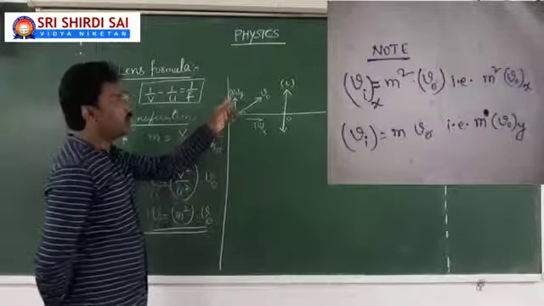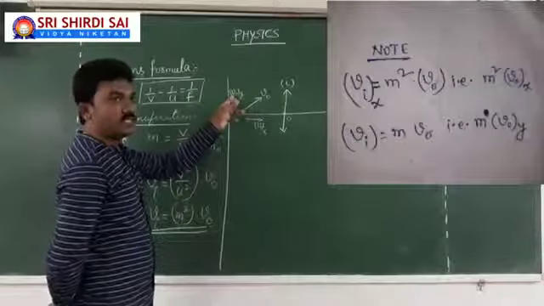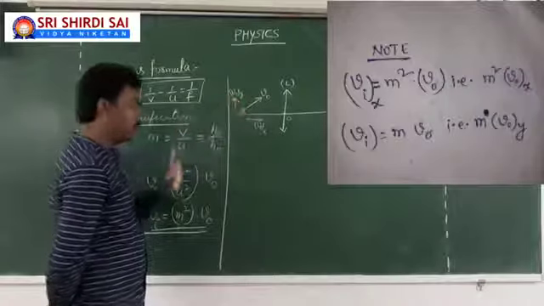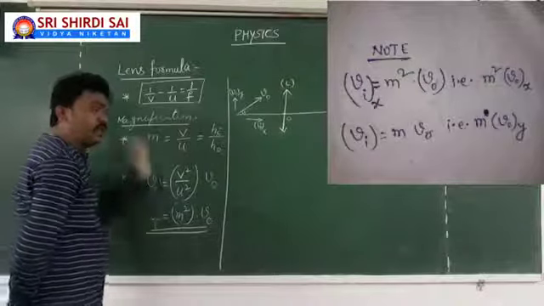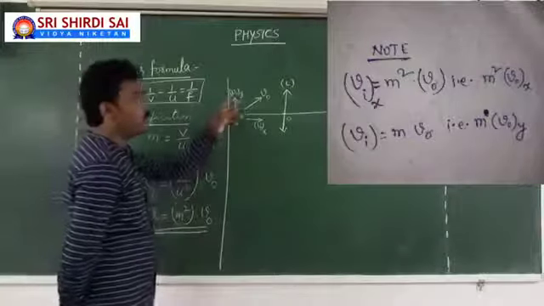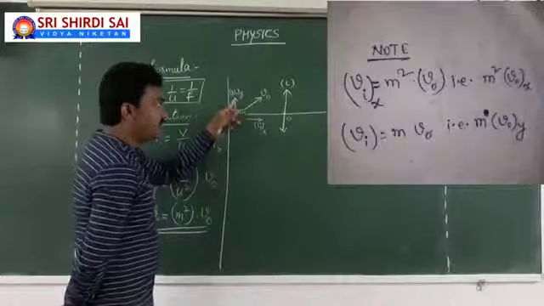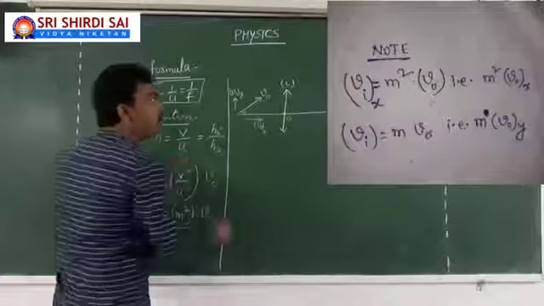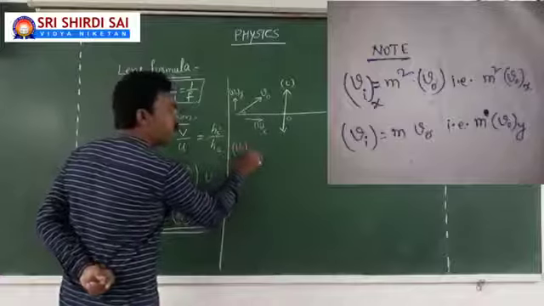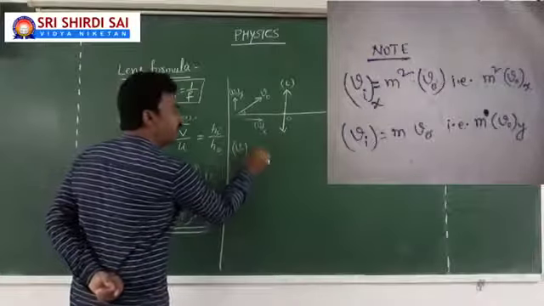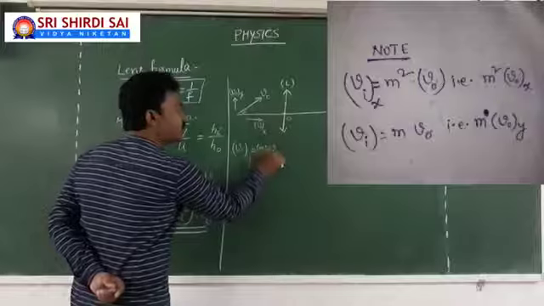Then, to know the component of velocity in this direction, your equation will be vᵢ = m v₀ only, because this is a transversal component. To know the image velocity in the y direction, your equation will be m v₀.